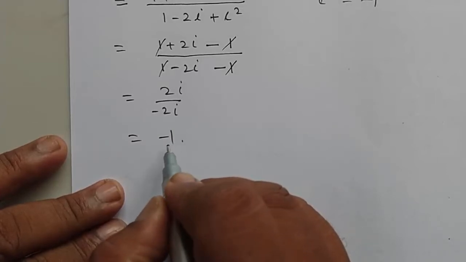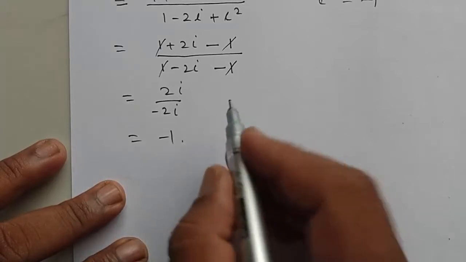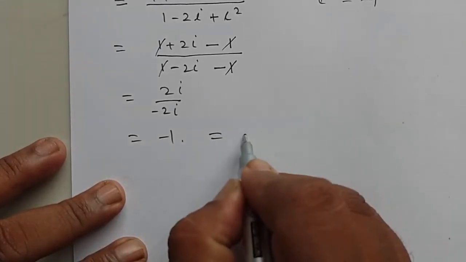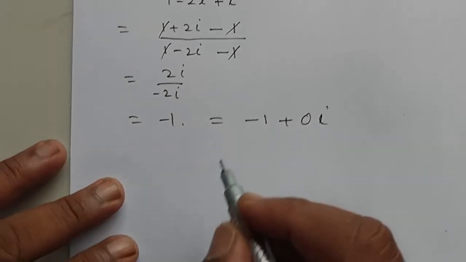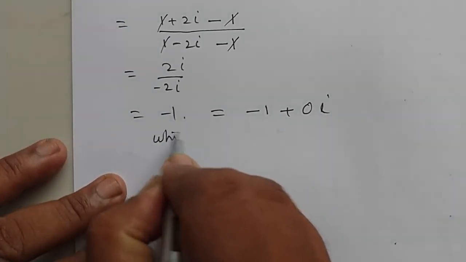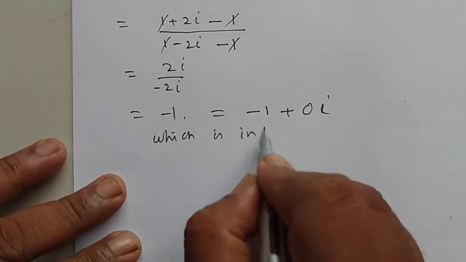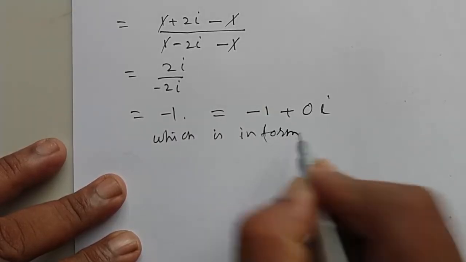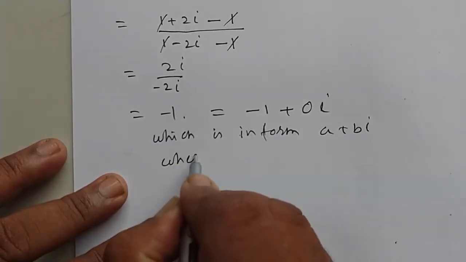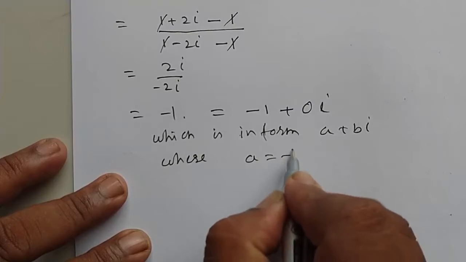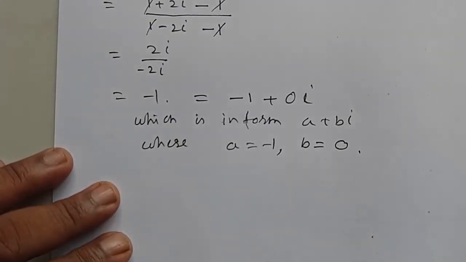Now this is a complex number whose imaginary part is 0. So I can write minus 1 plus 0 into i, which is expressed in the form a plus bi, where a is equal to minus 1 and b is equal to 0.